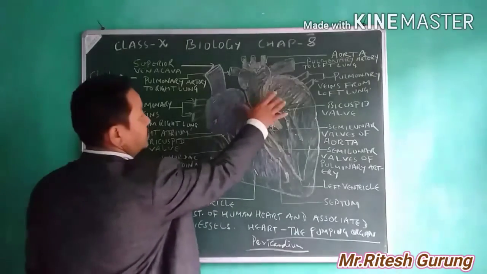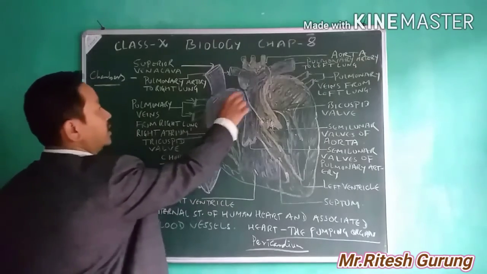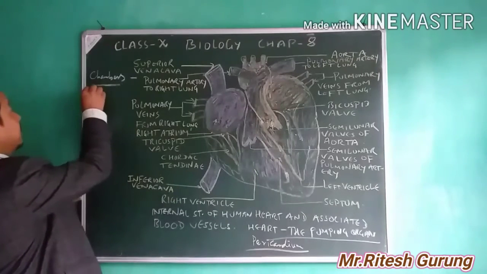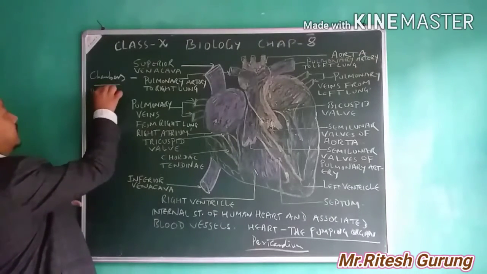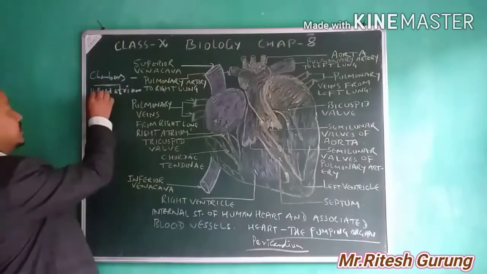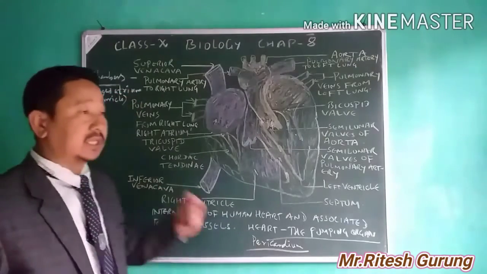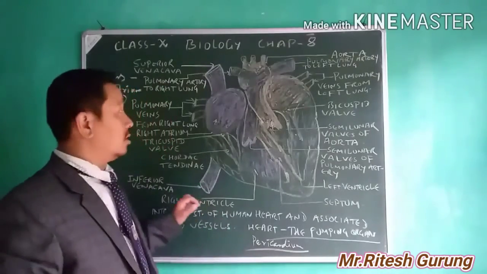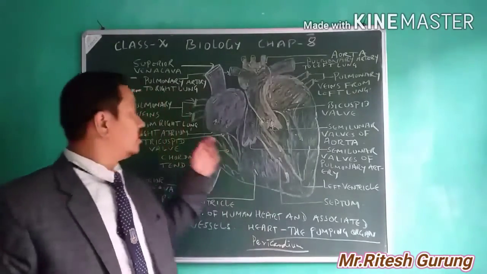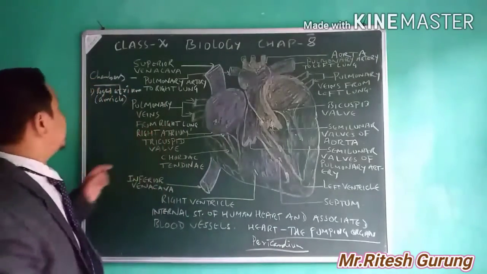These two chambers, as you see here, are your right auricle and left auricle. Let me write them here. Right atrium, which is also called auricle. Perhaps till the last standard you were acquainted with the term auricle only, but in class 10 we know it by the other name also, atrium. Right atrium means right auricle.